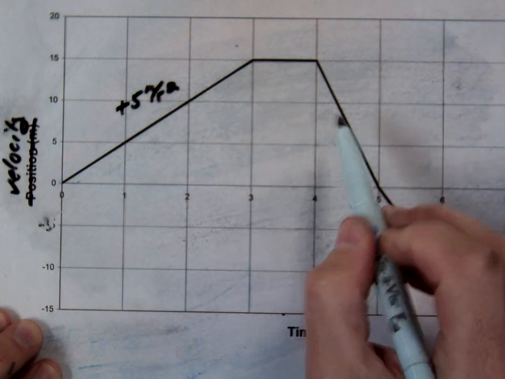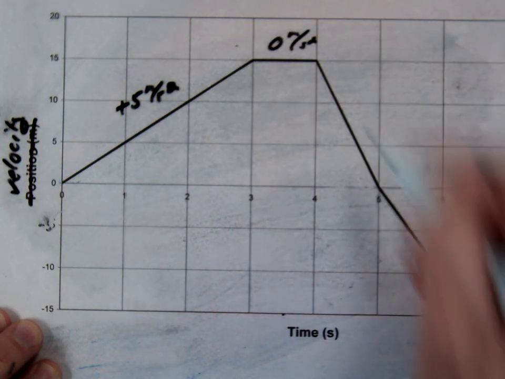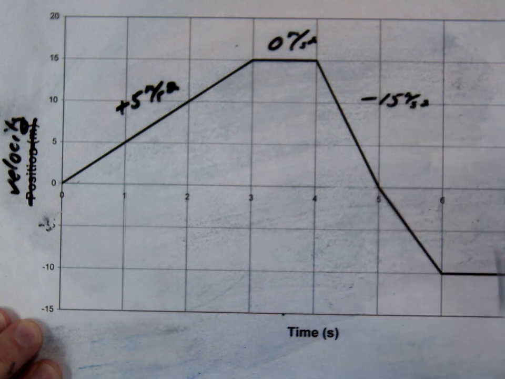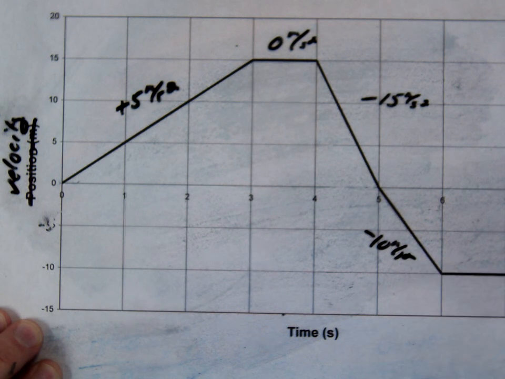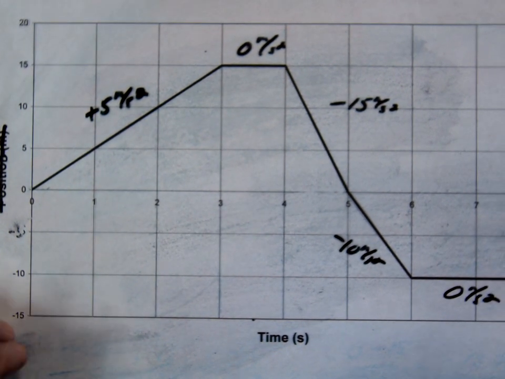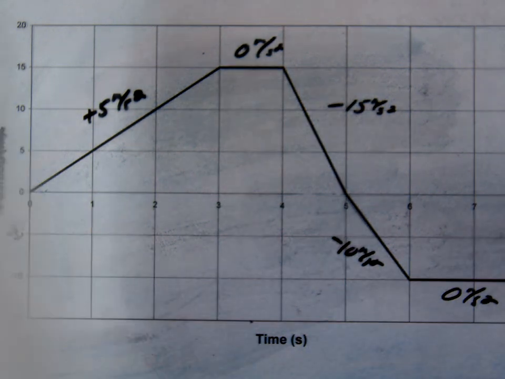What's the acceleration from 3 to 4? 0. 4 to 5? 5 to 6? And 6 to 8? Alright, so that'll be our starting point. You should be able to easily calculate those just by finding the slope. Alright, so let's go ahead and do this.